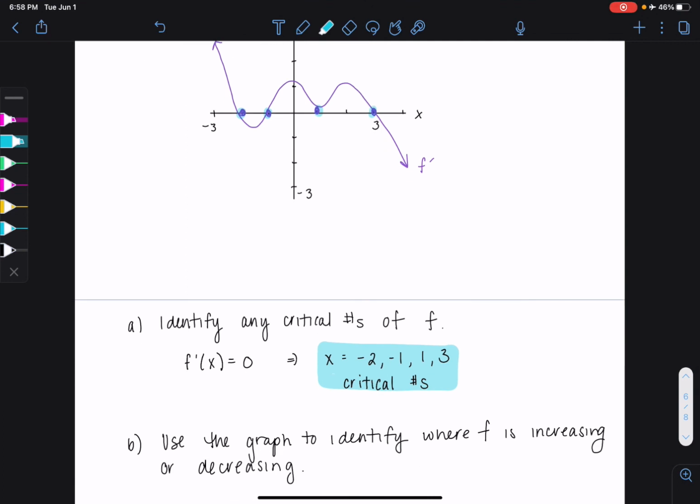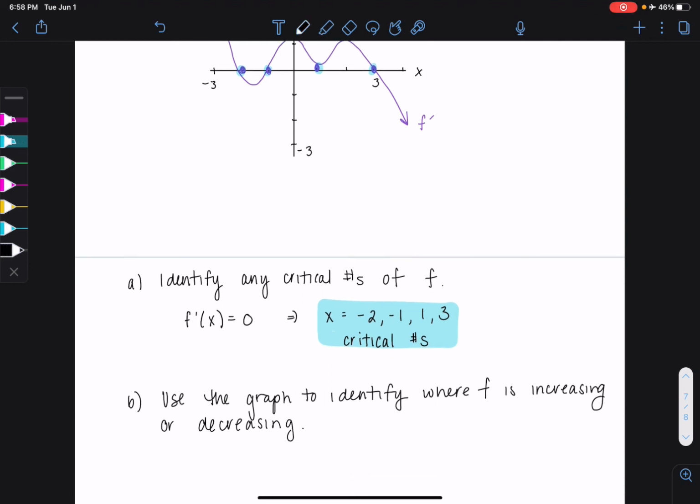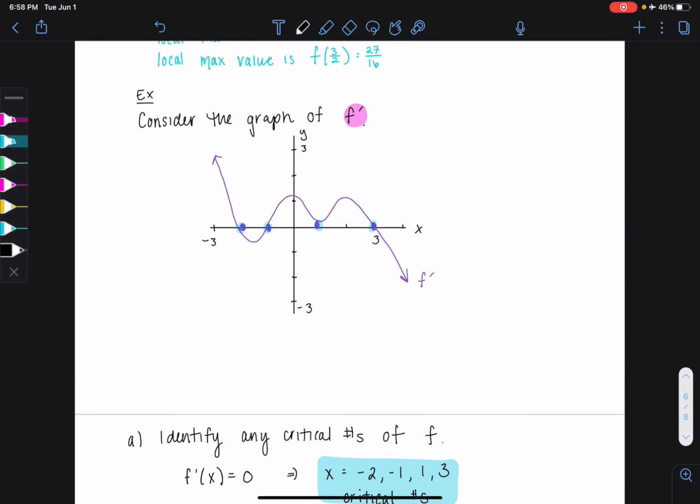Now, we also again have the graph of the derivative. We want to identify where the function is increasing or decreasing. So I need to figure out where this graph is positive and where the graph is negative. So remember, f prime of x being greater than 0 tells me about increasing, and f prime of x being less than 0 tells me about decreasing.